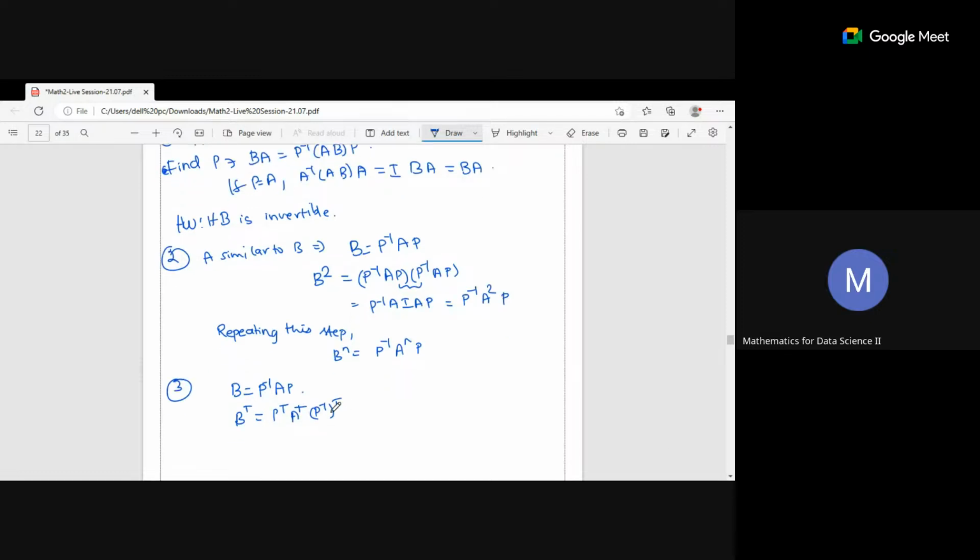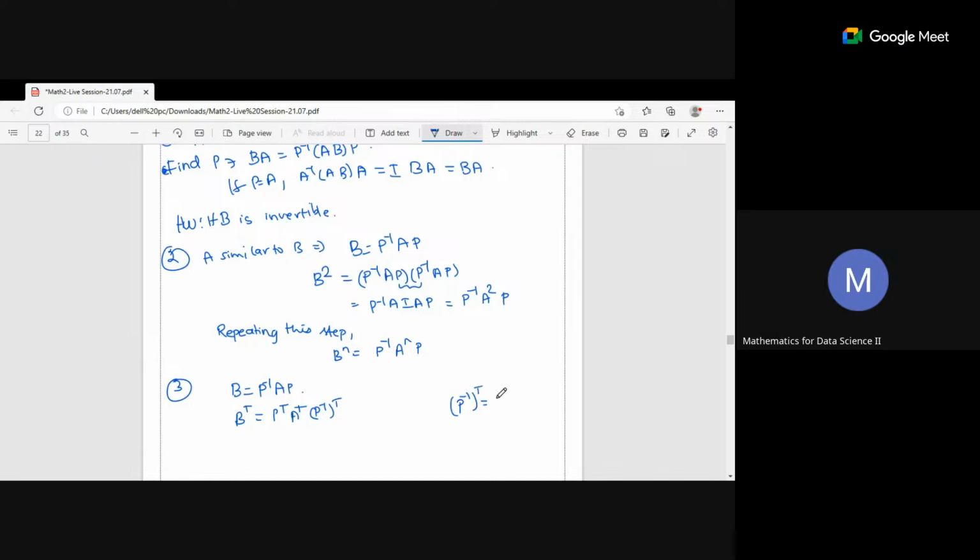Did I do it correctly? P transpose, A transpose, P inverse whole transpose. Yes. So maybe I call the matrix P inverse the whole transpose.